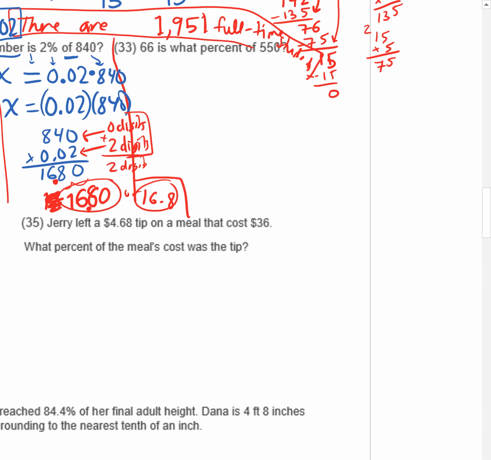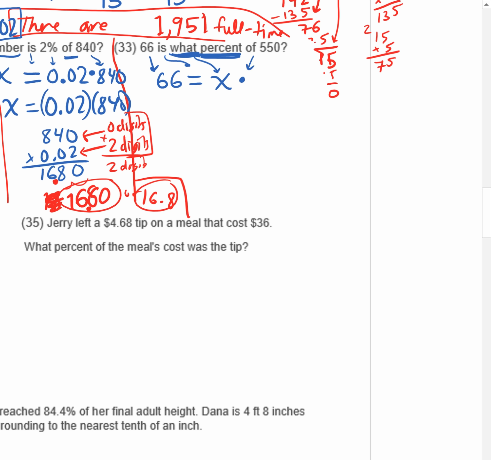All right, the last one of this row anyway. 66 is what percent of 550? All right, let's try that. Going from left to right, 66 is, that means equals, what, remember that's a variable. And I guess the percent part, I'm thinking, oh, that means x is going to be a percent. So just keep that in mind. What percent? Okay, x is a percent.